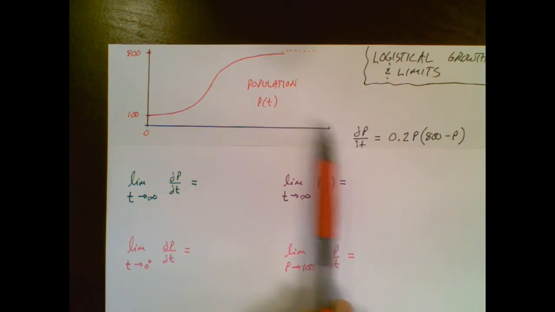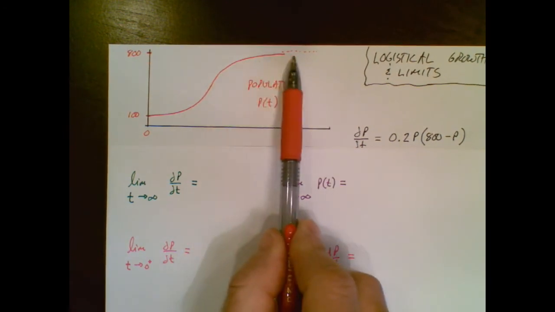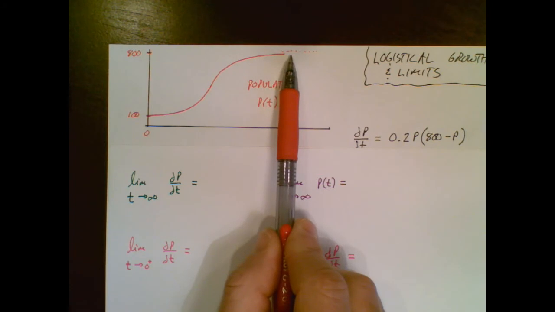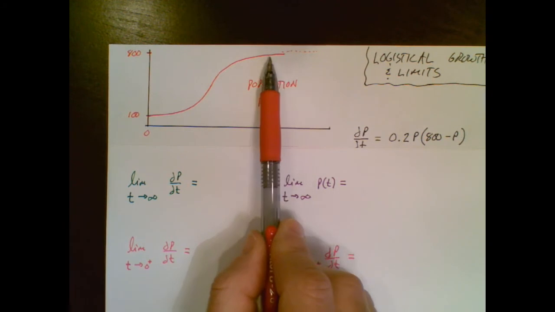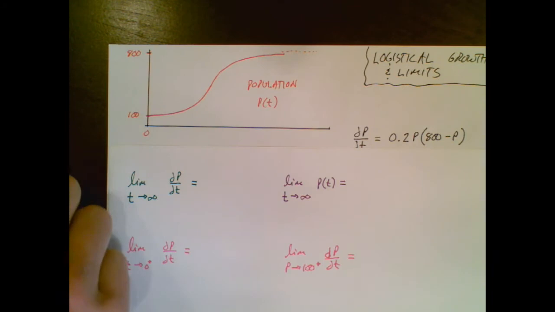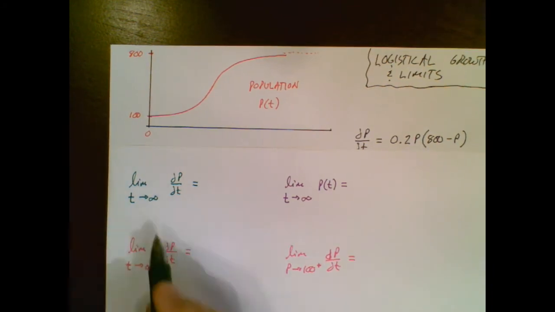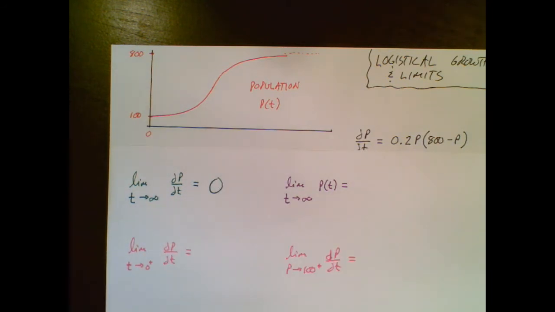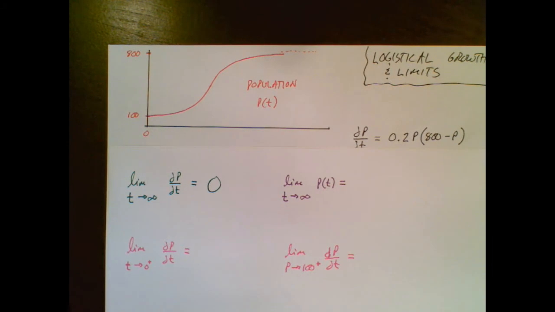As I head out to infinity, the growth rate is leveling off. In theory, it's still slightly positive, but it's getting closer to that horizontal asymptote. So just logically, as I approach infinity, dP/dt is closing in on 0. My growth rate is closing in on 0.